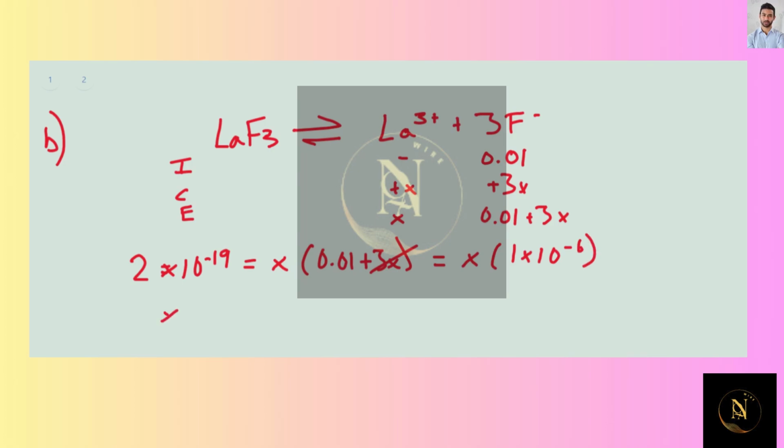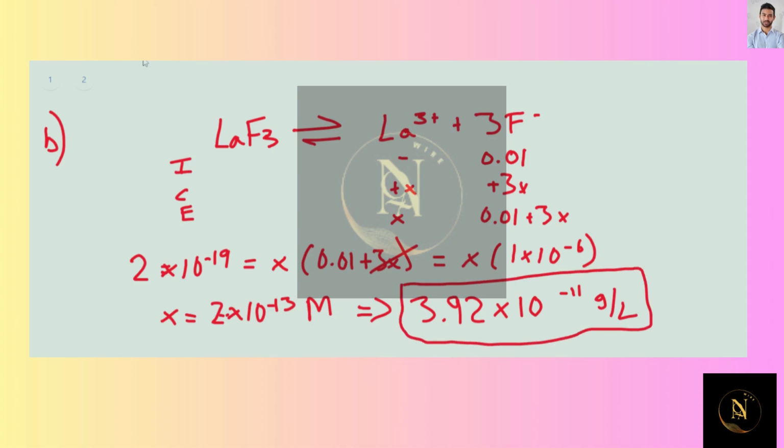So we solve for x, and we get x is equal to 2 times 10 to the minus 13 molar. And when we multiply by the molar mass, we see that the value is 3.92 times 10 to the negative 11 grams per liter.